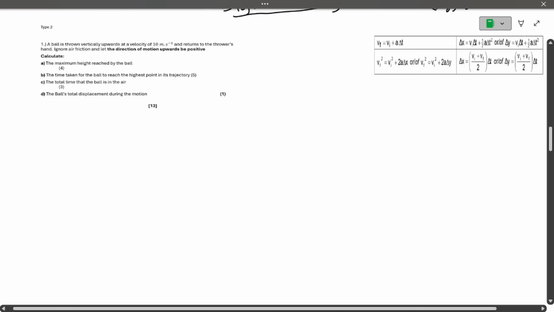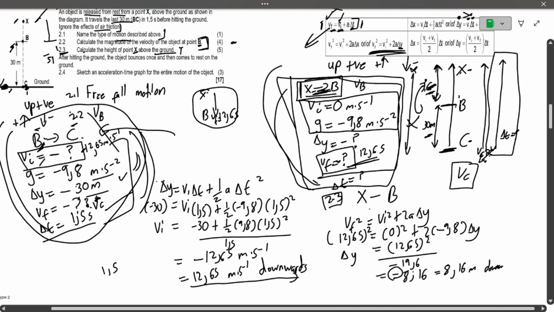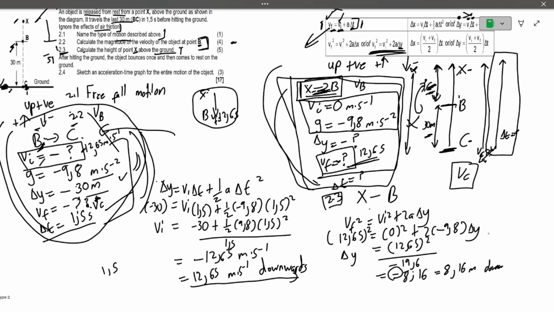Okay, so I went to the problem type 2 that we are going to do in the next video. Here we're only doing type 1 downwards, and now we are looking for X above the ground. We found this one to be 8.16, and we're going to add this and this.